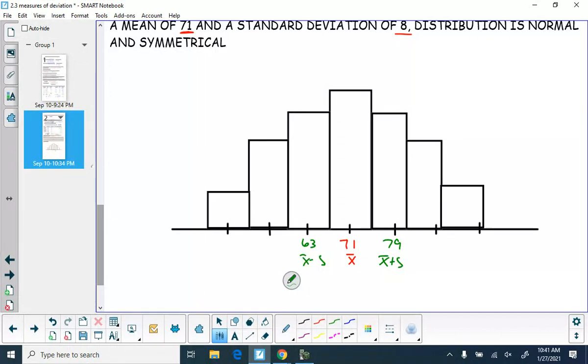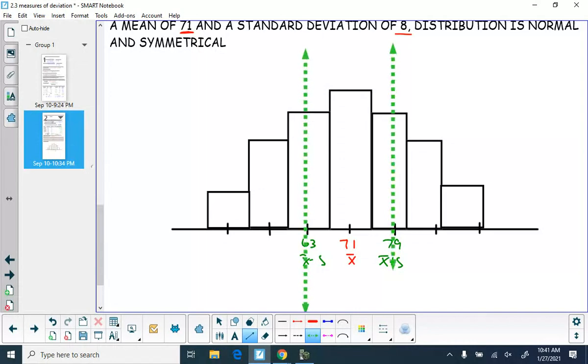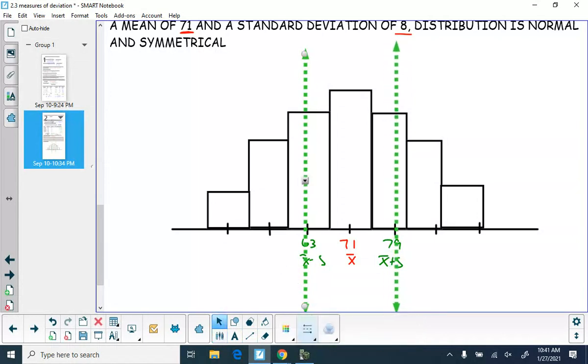What the empirical rule states is that 68% of your data will lie between the values of 63 and 79.